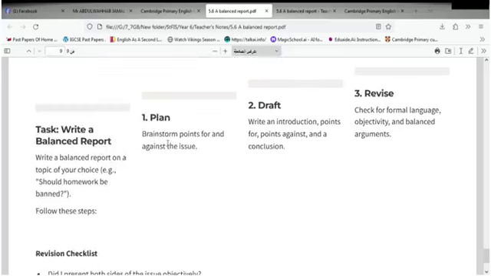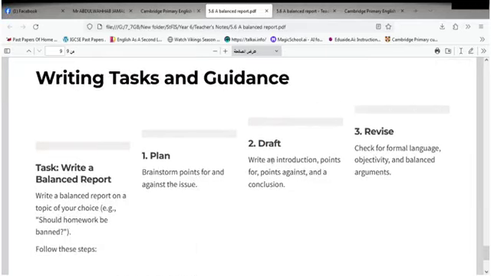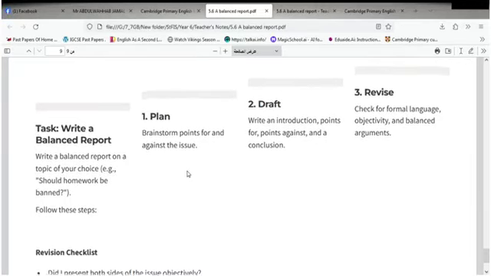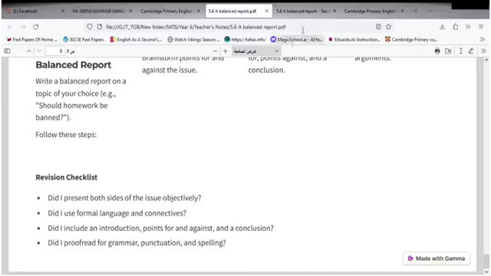Number one, you have to plan, brainstorm some ideas. Number two, you have to draft, write an introduction, point for or point against, and put a conclusion, revise in the end, edit after that, and publish in the end.